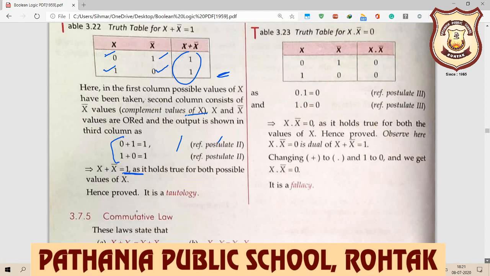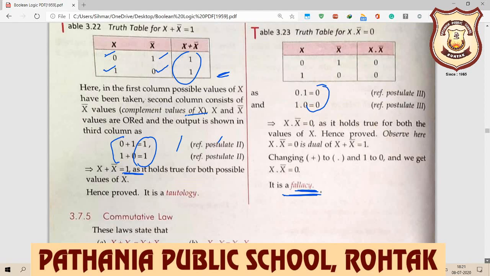So if your answer is always 1, that means tautology. Your answer is always true, then it is a tautology. But if your answer is always 0, that is false, this means it is a fallacy. When all the true values, all the 1 values are there, then this is tautology.